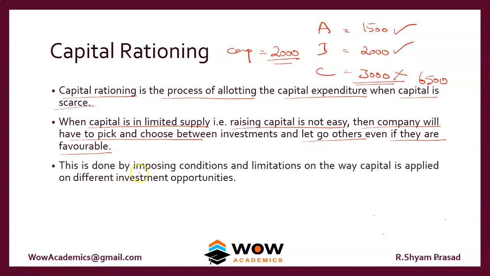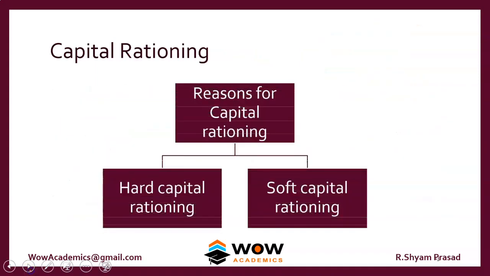This is done by imposing conditions and limitations on the way capital is applied on different investment opportunities. So the company has to create some kind of a priority method based upon which the capital is to be allocated.